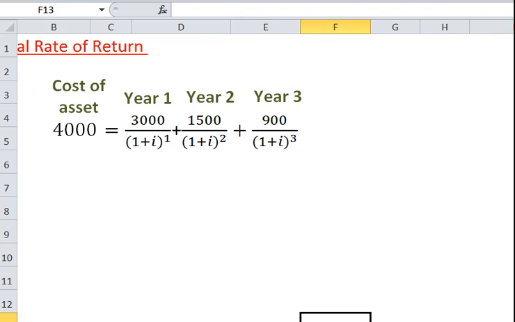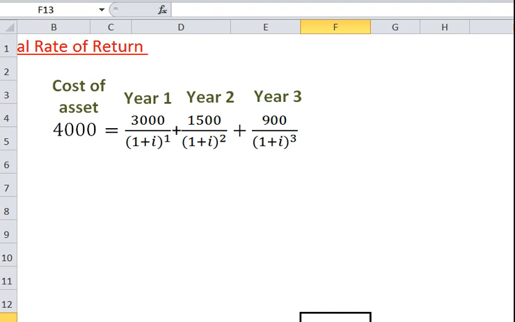Now, the way to do this is to discount each of the years by some figure. So let's say we've got 3,000 divided by 1 plus i to the power of 1. Well, anything to the power of 1 is just the same thing. So it's 3,000 divided by 1 plus i. We can forget the power of 1. The second year is 1,500 divided by 1 plus i squared.